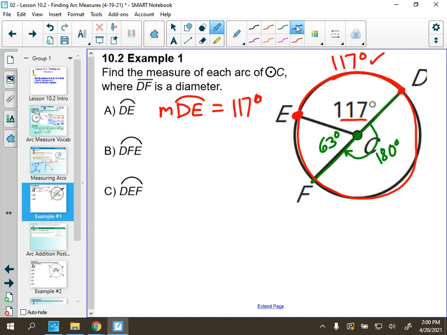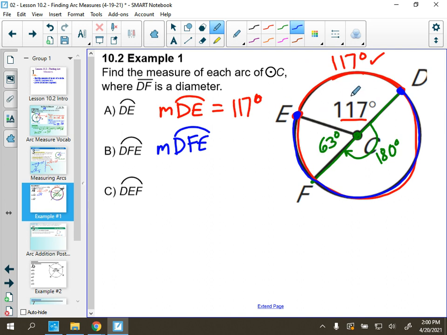The measure of, not of angle, of arc DFE, starting at D. It's like a road map. If you've got the three letters, just follow it and make sure you hit them in that order. So I have to travel all around the outside of the circle from D, pass through F, and then finish up on E. There's two different ways I could figure out this measure. Maybe the easiest way is just to add the 180 that we traveled from here to here, plus the 63.